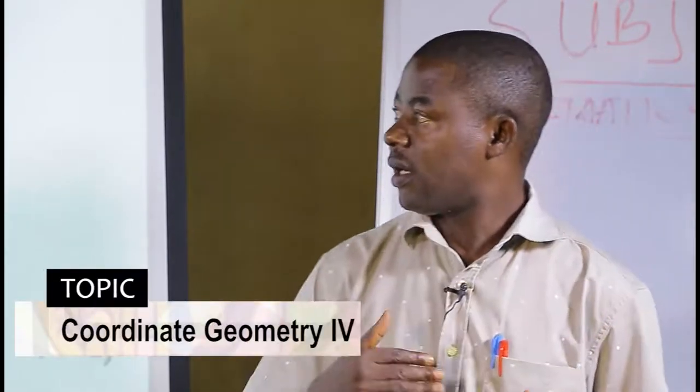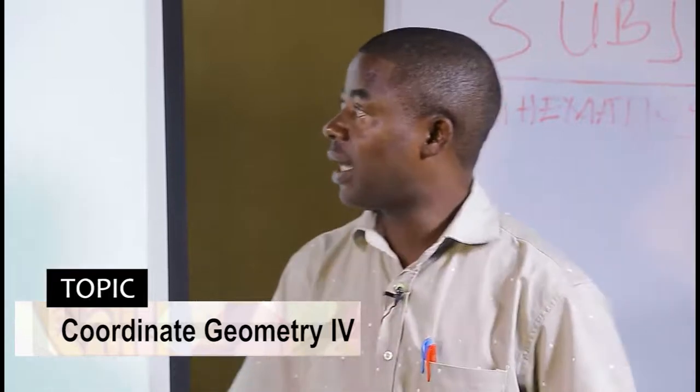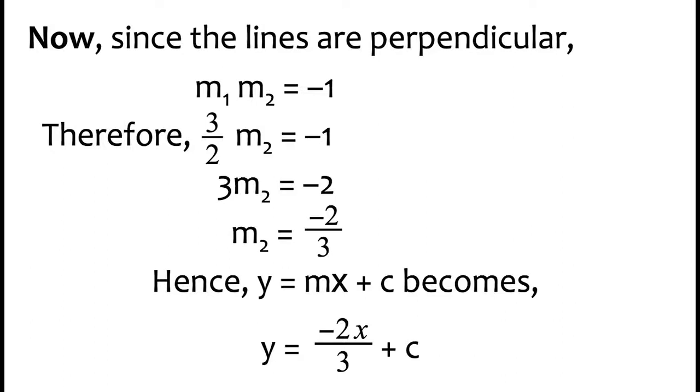Now, if we move ahead, you realize that the question spells out that the two lines are perpendicular. They meet to form an angle of 90 degrees. Now, the condition is m1 multiplying m2 will be equal to minus 1. We already know m1 by our transformation.